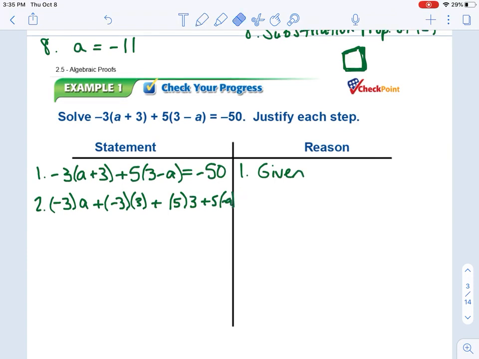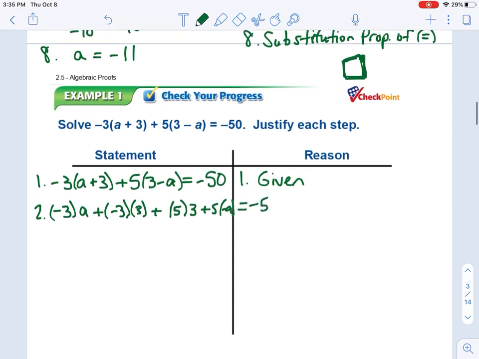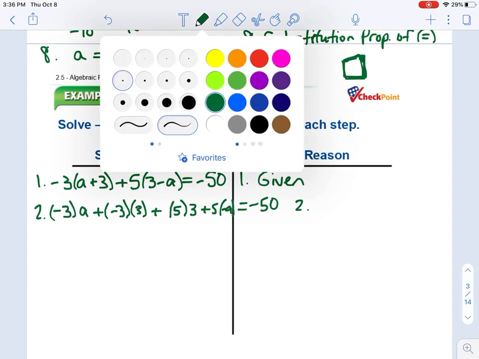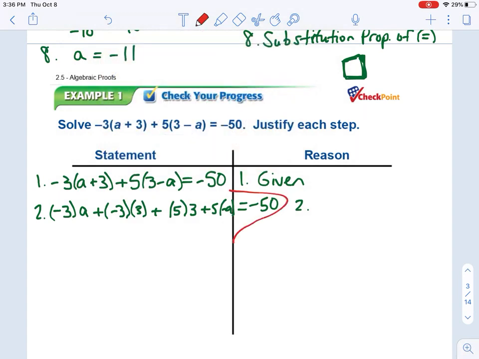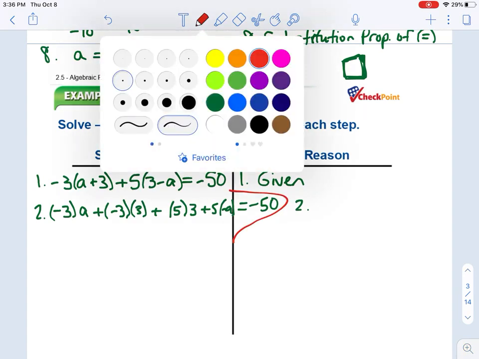Ran out of space. Let me move this over. All right. Now, that was my distributive property.